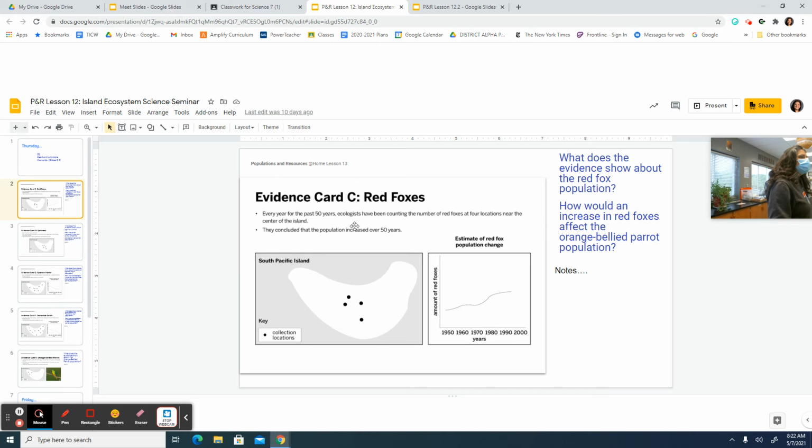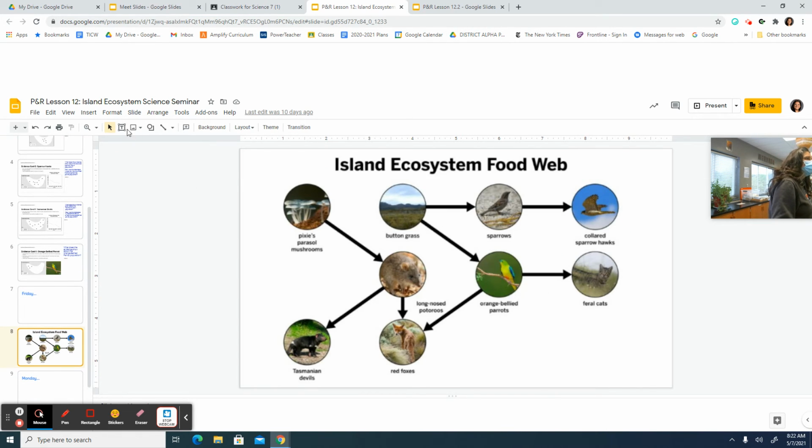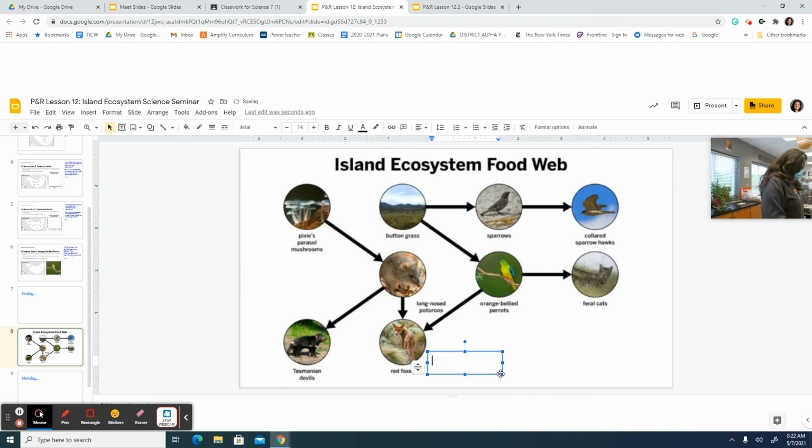So if we look at the red foxes, this is the one we did in the slides, and we said that the red foxes were increasing. So as I showed you in the slides, you want to create a text box. Put your text box next to your red foxes and type increased.